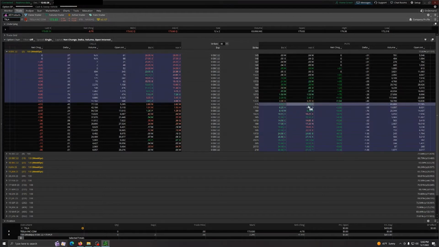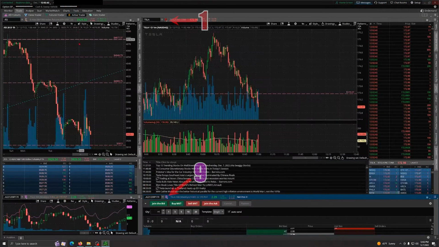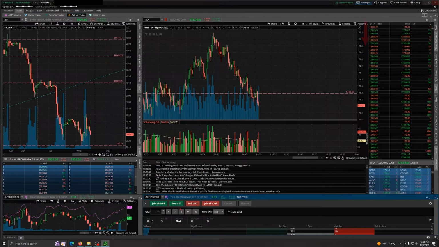So the question you should be asking now is, how do you buy this contract? Well, what I do is I right click this, I send it to my active trader, which I have as number 9. Once you do that, you'll be able to execute in active trader on the amount, the total, everything. You buy market and you sell.